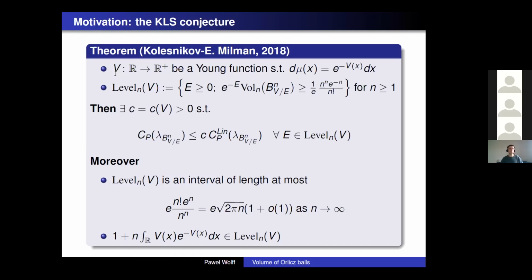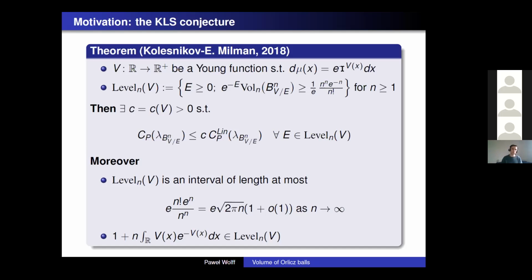Okay, so let V now be a Young function, so a convex function, with positive values, vanishing at 0, and let's consider again a similar measure, but now let's forget about this parameter lambda, which is now set to 1.